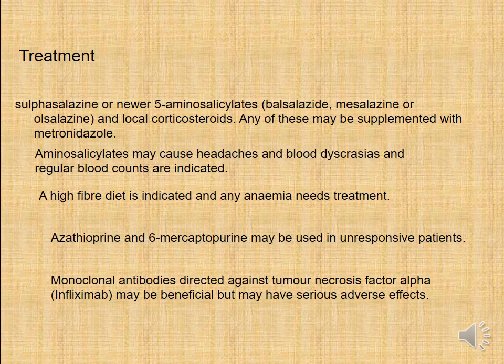Aminosalicylate may cause headache and blood disorders, and regular blood counts are indicated when giving aminosalicylate. A high fiber diet is indicated, and anemia needs treatment. If there is constipation, target a high fiber diet, and you must treat any type of anemia.